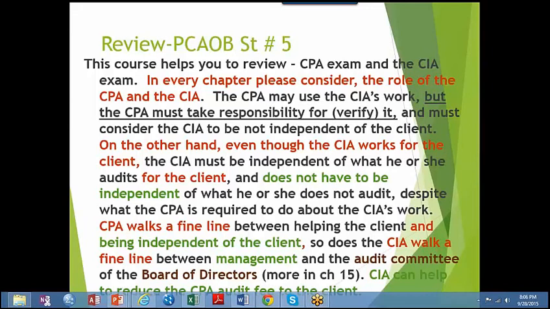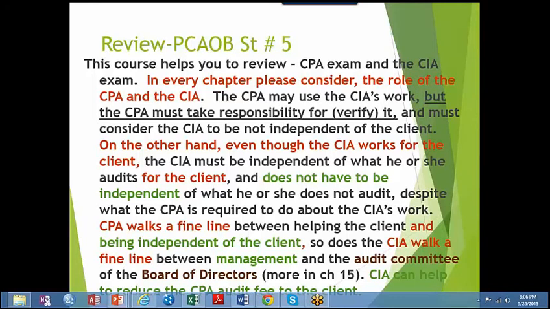Very interestingly, if anyone has taken internal audit or external auditing yet, one of the things I think is quite fascinating is that the CPA actually can use the internal auditor for some of their work.